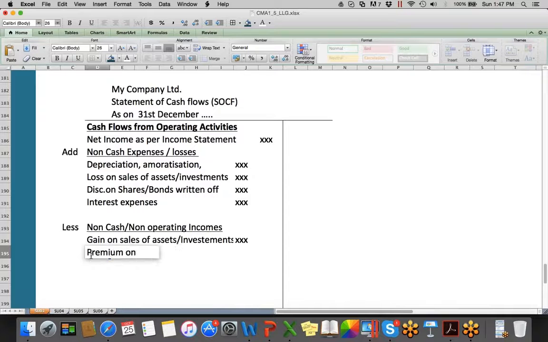Next, premium on issue of shares, premium on shares or bonds written off.